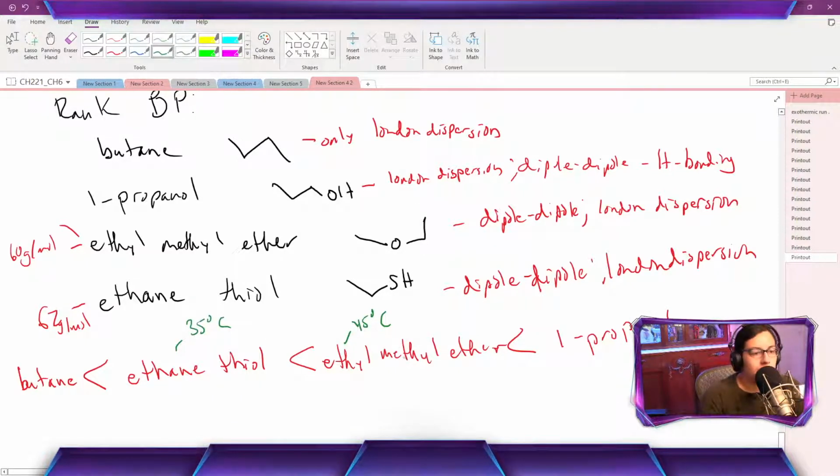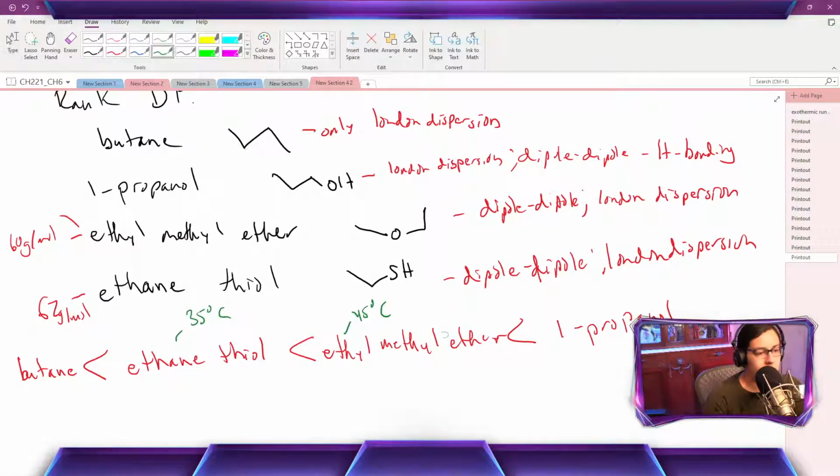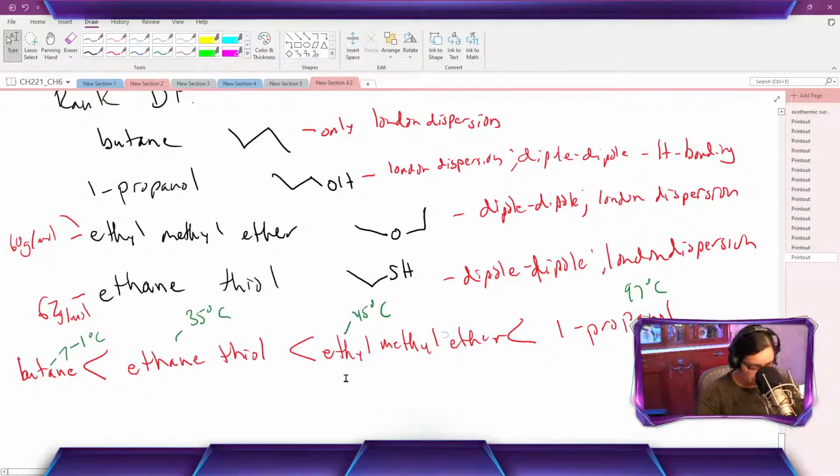And so there may just be probably just stronger intermolecular forces. And then butane, sorry, for completion is -1 degree Celsius. So that is a little bit lower. And then propanol is 97 degrees Celsius. So you can see, right, those extremes were really easy for us to predict. And then kind of the middle gets difficult.